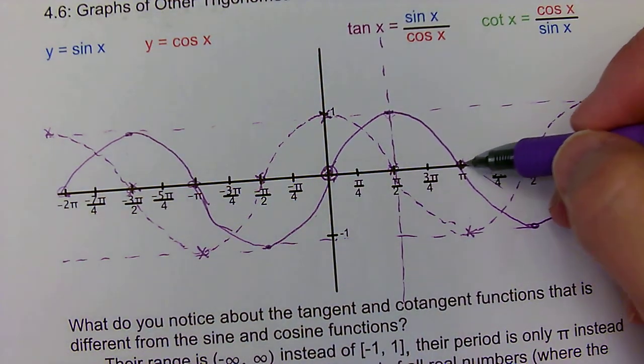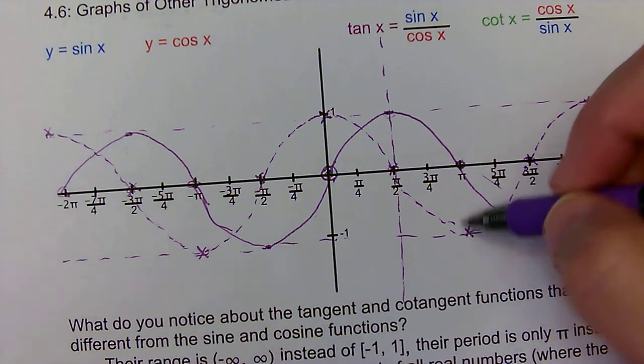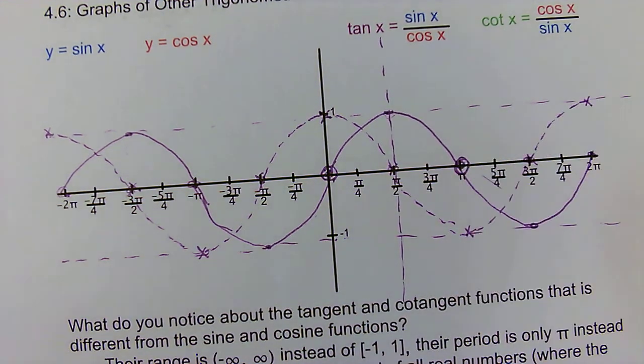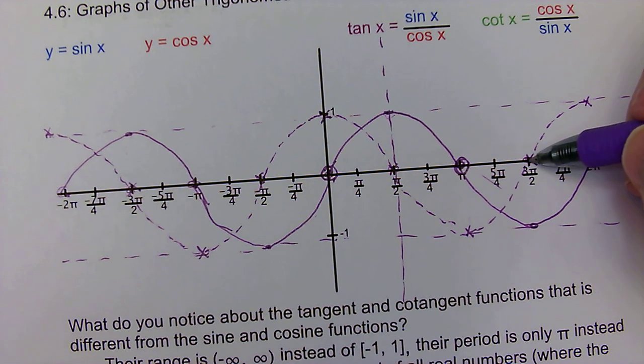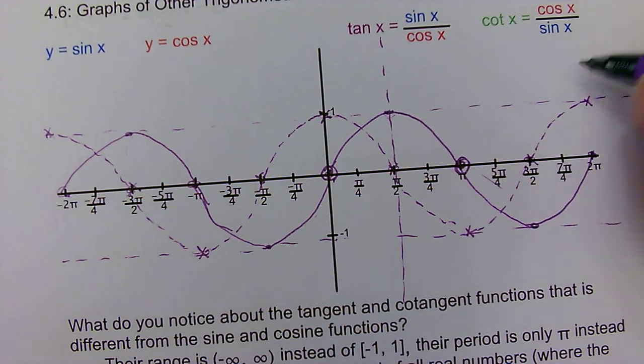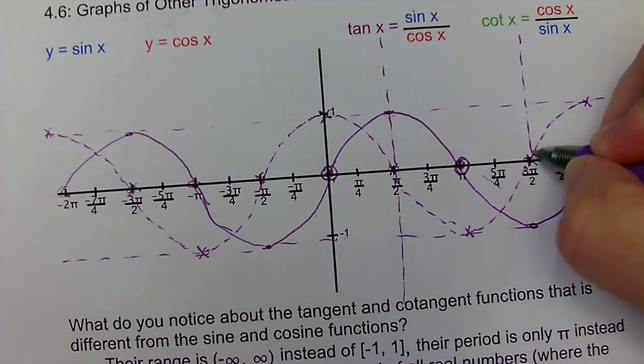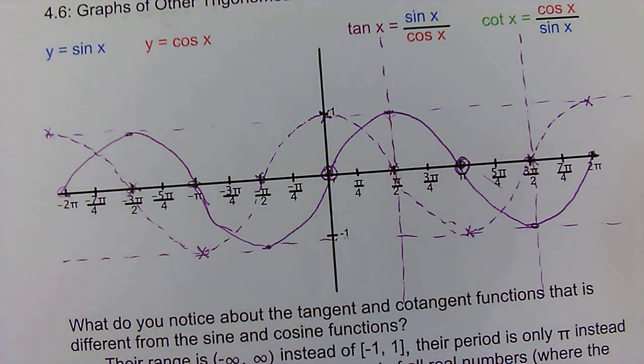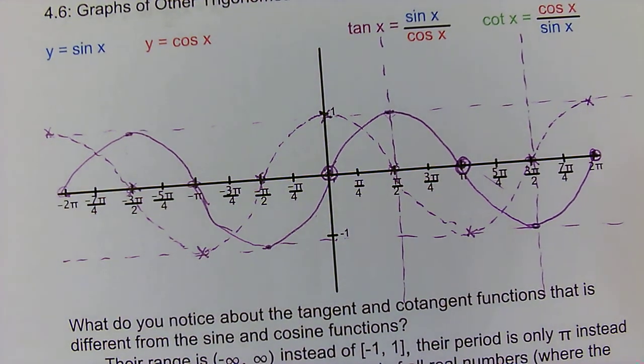When I go here, 0 divided by negative 1 is 0, so I'm going to have a point there for tangent. When I go here, I've got negative 1 divided by 0 is undefined again, so I'm going to have a vertical asymptote for tangent. Here, again, I get 0 over 1, so it's 0.